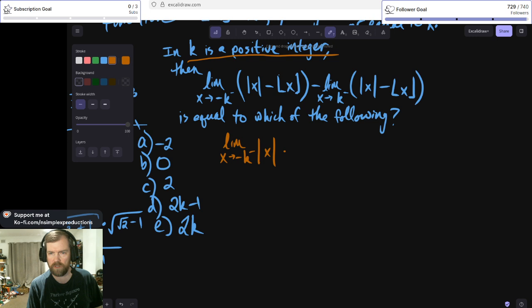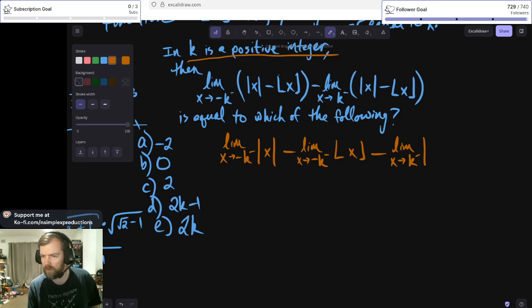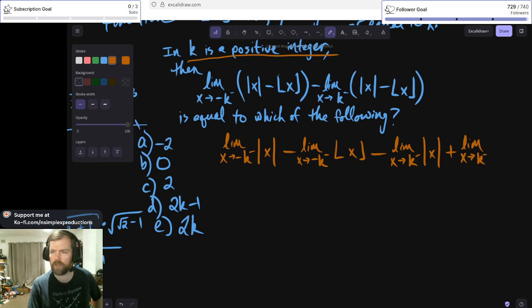Should be able to do that. And then the other side as well. Limit as x goes to k from the negative side of absolute value of x minus, so then that's going to be a plus, the limit as x goes to k from the negative side of the floor function of x.